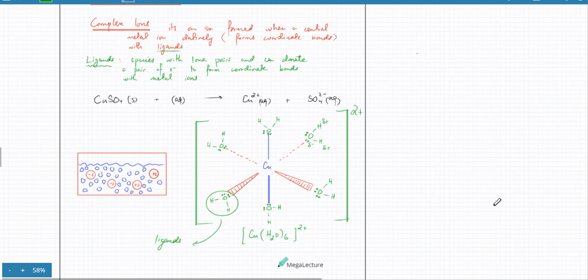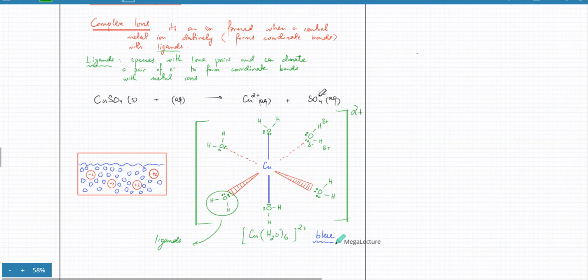Now, this one is a blue colored complex. You must remember that this is blue in color, which is why you must have read that copper sulfate is blue in color. It's not copper sulfate that's blue in color. When you mix copper sulfate in water, this particular complex ion is formed, and this complex ion is the one that's actually blue in color.